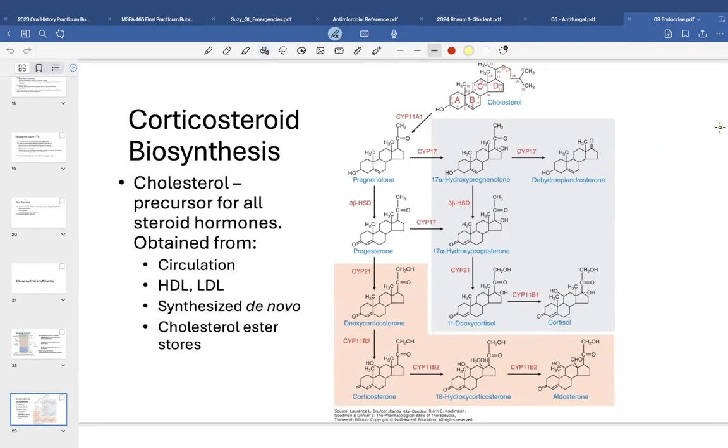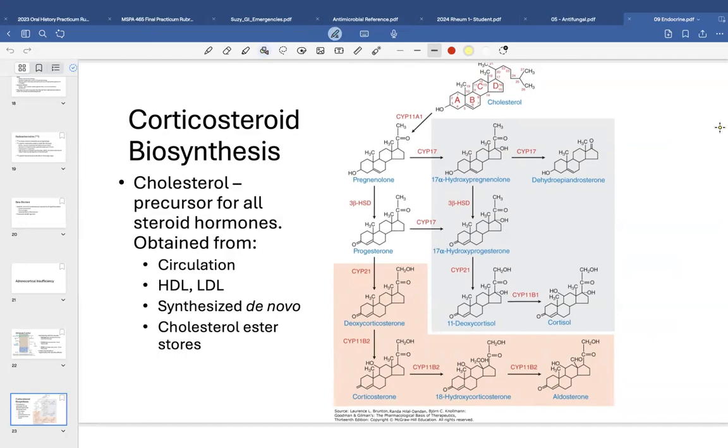And we talked about all the different ways it's processed by the liver, and stored, HDL and LDL and all that other stuff. But cholesterol, of course, is an important backbone for all of the steroid hormones. P450 enzymes throughout this process are going to be involved in the various conversion steps.